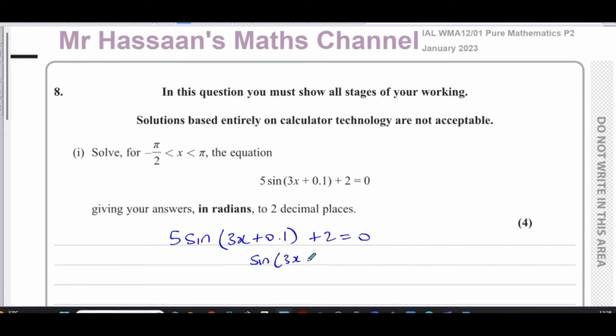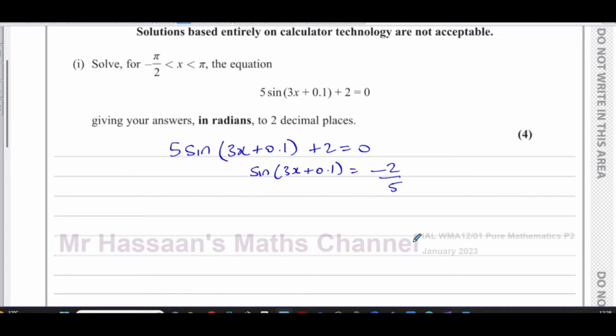So sine of (3x plus 0.1): if I take away 2 from both sides, I get minus 2, and then divide by 5, I get minus 2/5. Now I'll be able to find the inverse sine of this. So the next step is to find the inverse sine of minus 2/5.